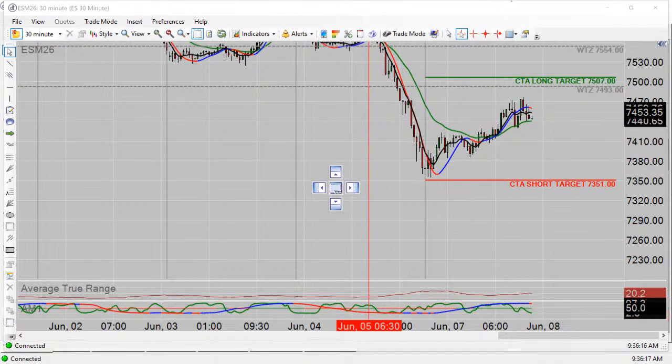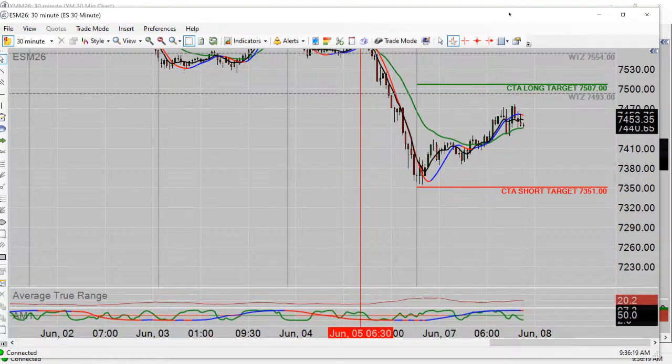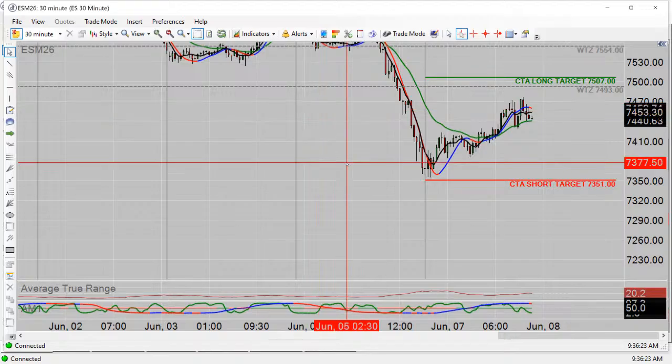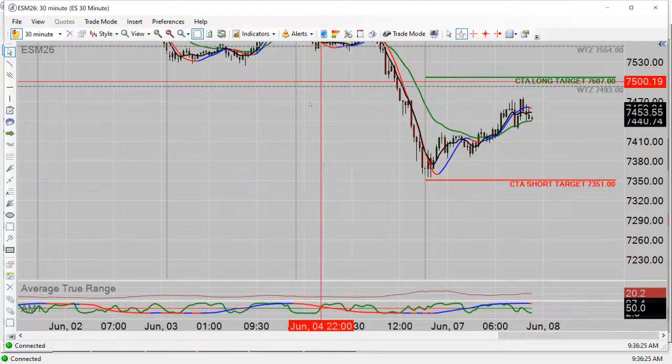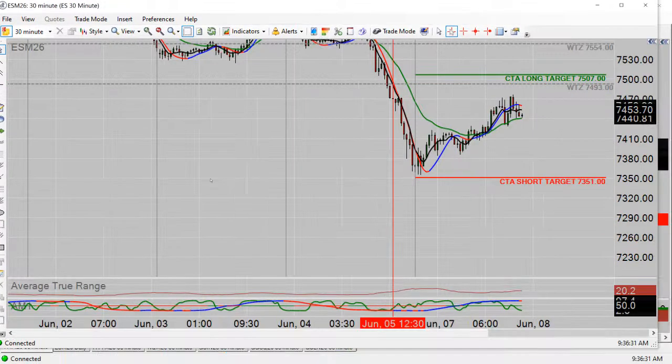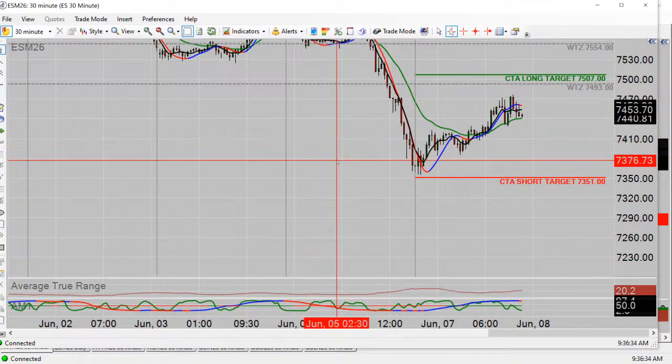Why did the ES chart open like that? Now Valerie's got a way of putting that back together.